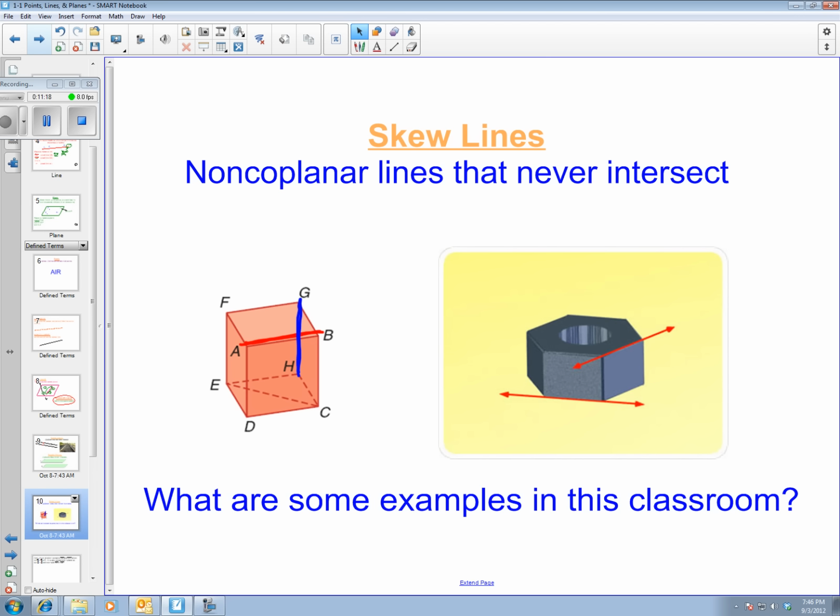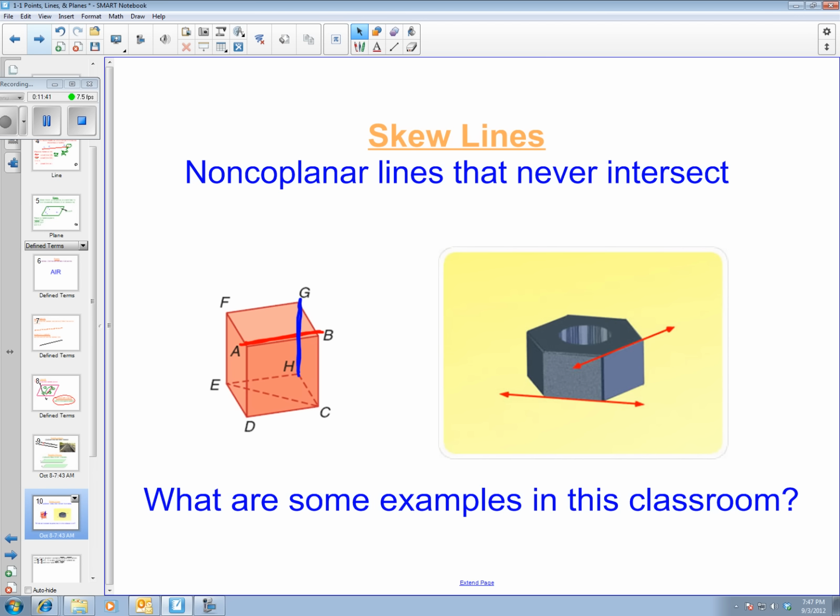If you look at this nut here, this also shows two skew lines. The red line on the bottom of the nut and the diagonal line on the side of the nut. Those would be skew lines. They are never going to touch each other, but they are definitely not parallel. Take a few moments.